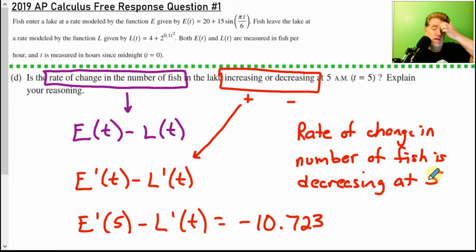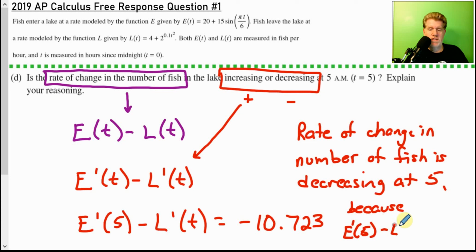And the reason would be is because the rate entering is less than the rate leaving. Okay? Or you can just say decreasing at 5 because E prime of 5 minus L prime of 5 is less than 0.